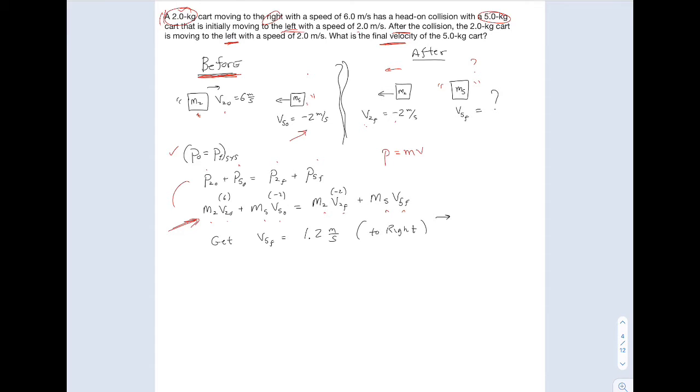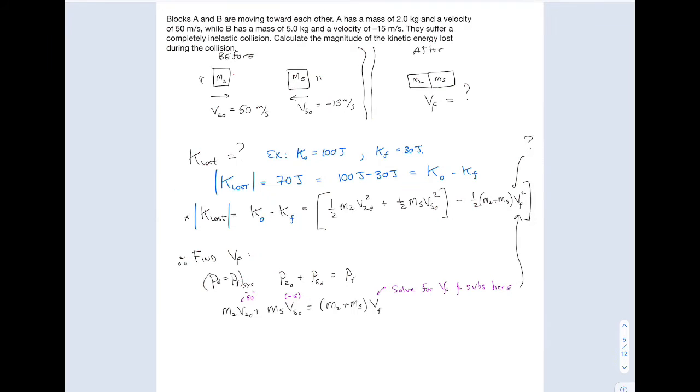I know M2 is 2 kilograms, M5 is 5 kilograms, and looking back at the picture, V2 initial is 6, in the correct units, V5 initial is my -2, and my V2 final is -2. Then just solve this algebraically for V5 final. Do that on a calculator, and I get a positive answer, which means number 5 moves off to the right.